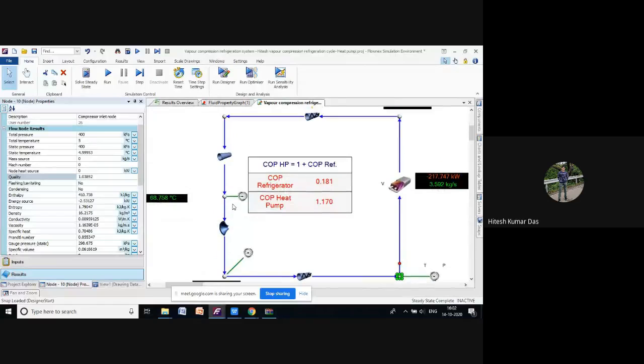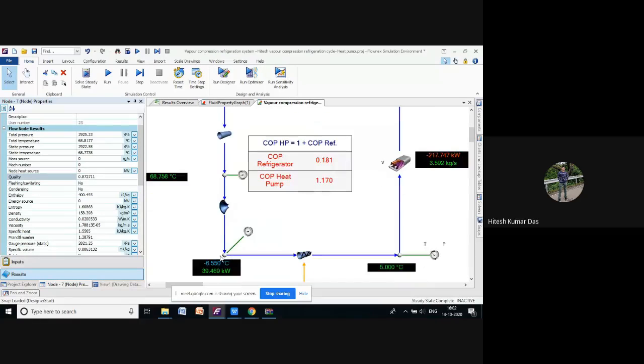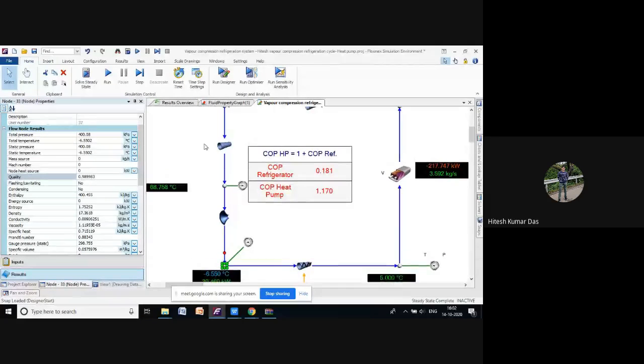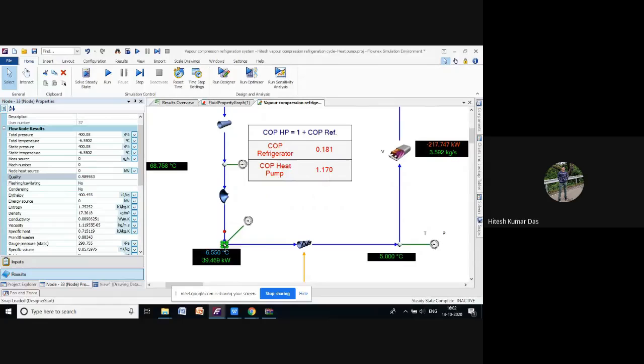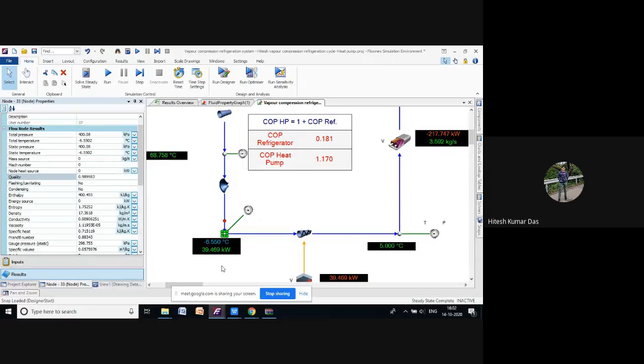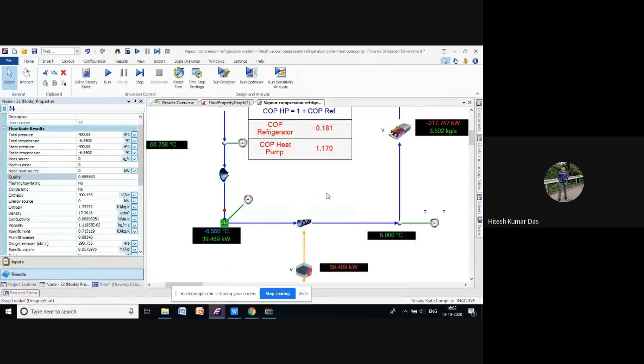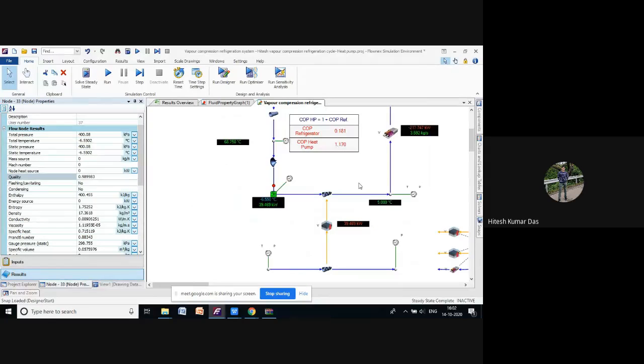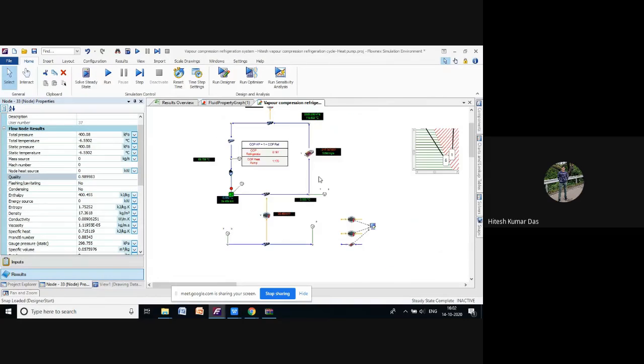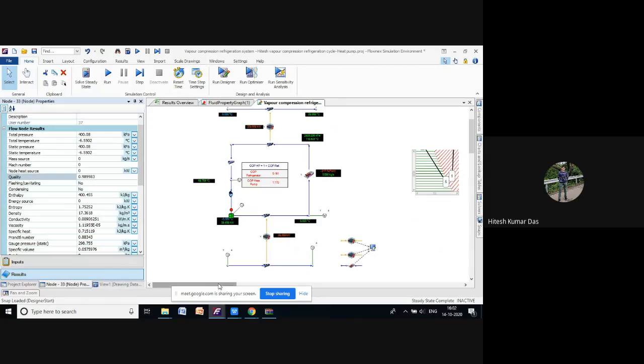You can see the temperature at the inlet, total temperature is 68.81 degrees Celsius, and here the temperature is minus 6.55, meaning the temperature is reducing so much that you can use this in a refrigerator. So this is all about this cycle. It's all about our case studies.